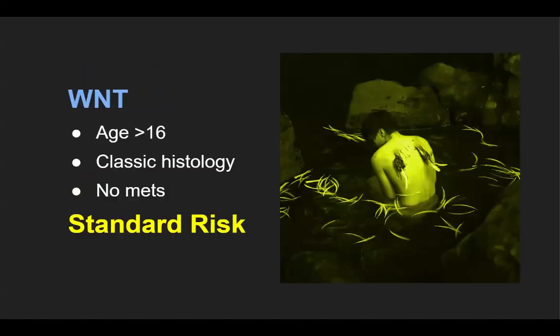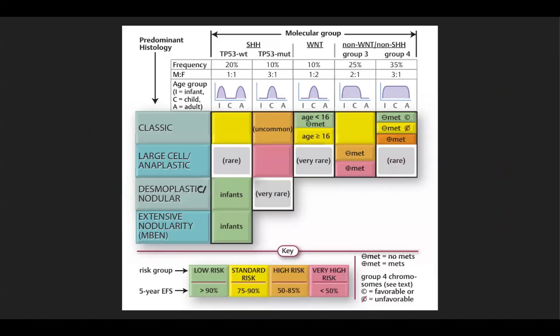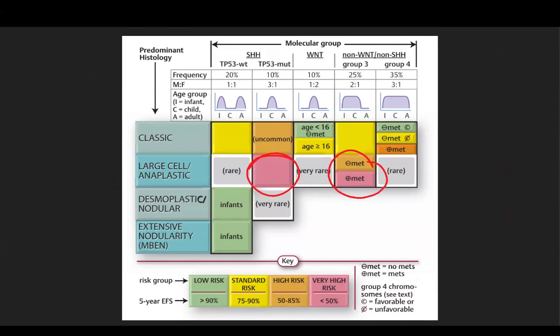Now we go back to the dreaded chart, which doesn't look as dreaded anymore. And we can see that there are only two groups here in this group of histology. TP53 mutants, sonic hedgehogs, which is a very high risk group. Group 3, high risk when no mets, and very high risk when mets. I think that's the next slide. So we have finished almost more than half the chart. Let me move to the next one.